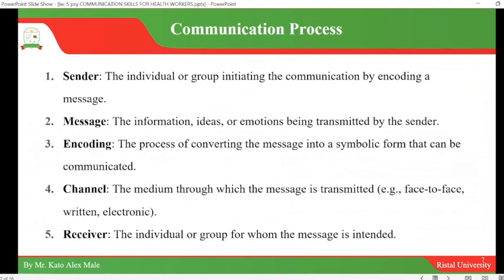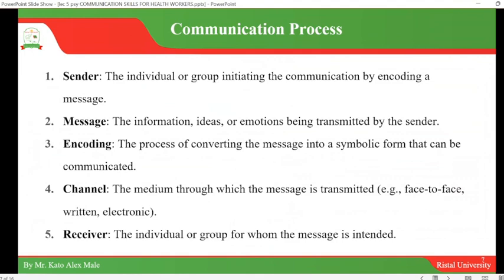Then encoding is the process of converting the message into a symbolic form that can be communicated. In case you want to speak it out, that is encoding. In case you want to perform it by signs or facial expressions, that is all encoding. The channel is the medium through which the message is transmitted.